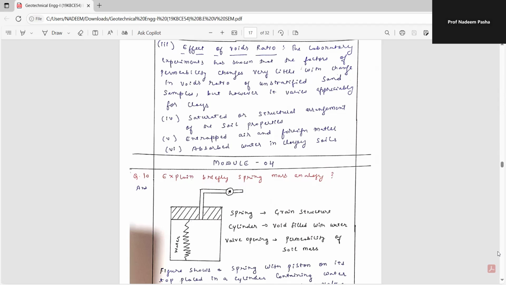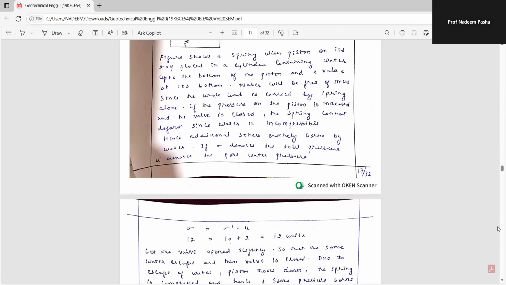Now we will see what we mean by the spring analogy. This is the figure: spring, grain structure, cylinder filled with water. The figure shows a spring with a piston on its top placed in a cylinder containing water up to the bottom of the piston and a valve at its bottom.